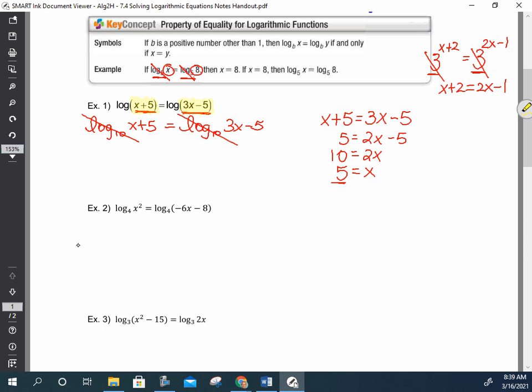And they have to be the same number. So we plug in the 5: 5 plus 5 is 10, 3 times 5 is 15, minus 5 is 10. Everything checks out, we're fine. So example 1, we're good to go. Any questions on example number 1?